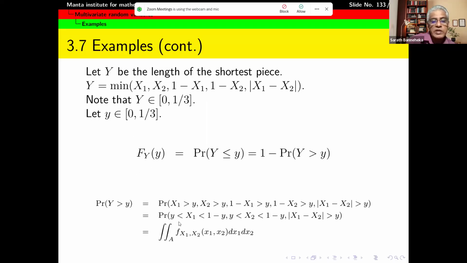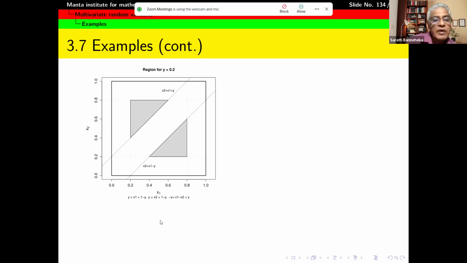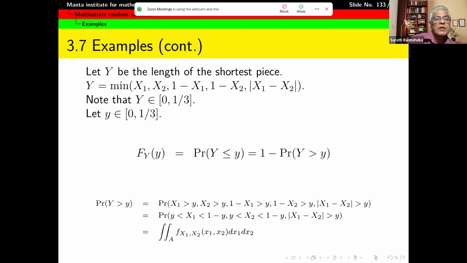And this area with the other two. X1 has to be between y and 1 minus y, and x2 has to be between y and 1 minus y. Here I have taken y to be a particular value, 0.2, but in general we are interested in some y between 0 and 1 over 3.